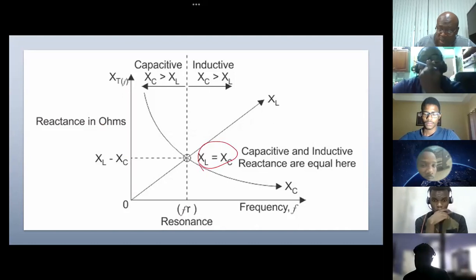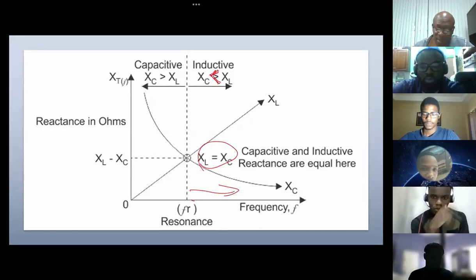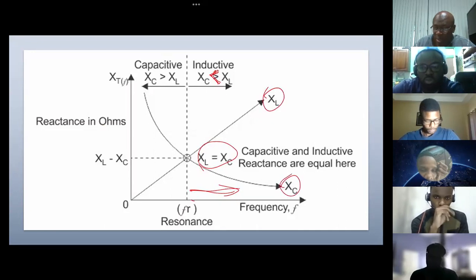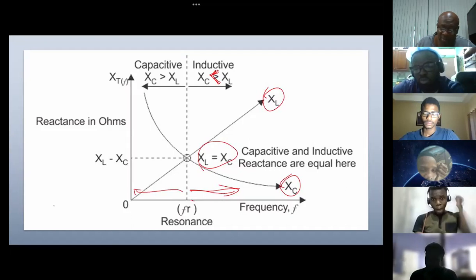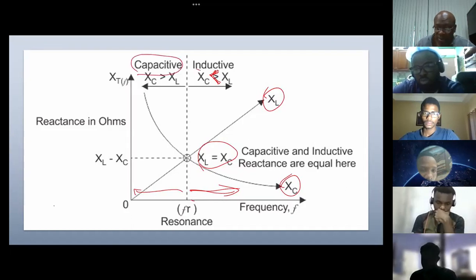Above FR, we would have, this should be the other way around, so this would be XL greater than XC. So for frequencies above FR, XL is greater than XC, and the circuit would be more inductive. Below FR, heading to 0, the circuit becomes more capacitive, which is what we are highlighting here.